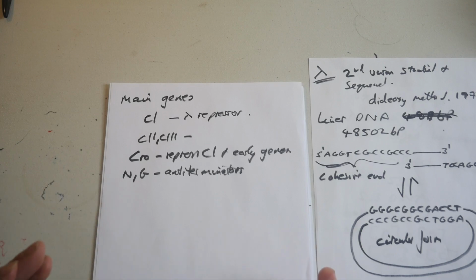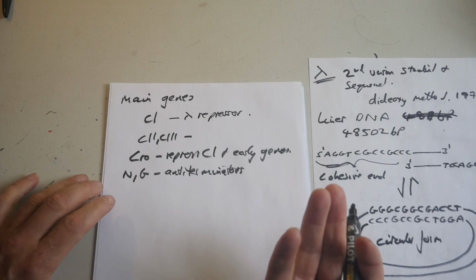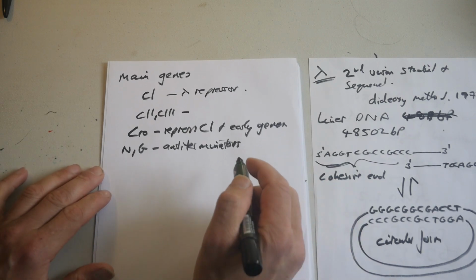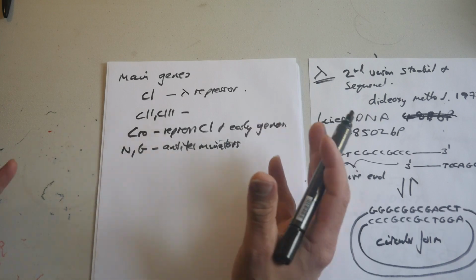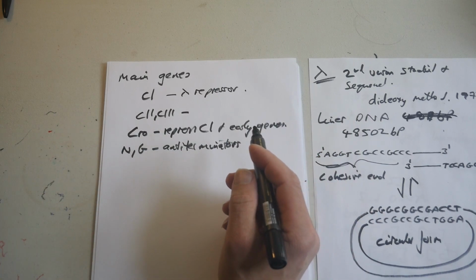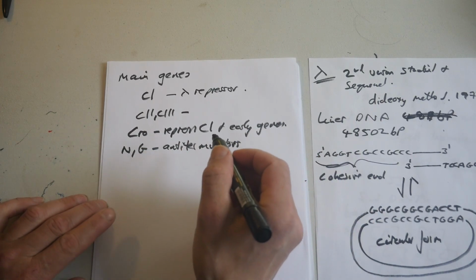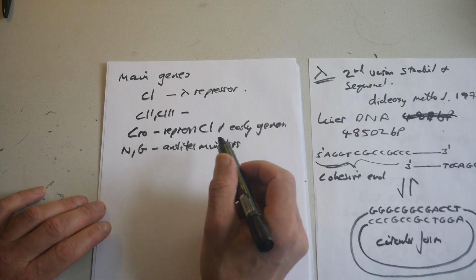Terminators stop the process of DNA replication or RNA synthesis. Anti-terminators stop the termination. In this case it would be the creation of RNAs.